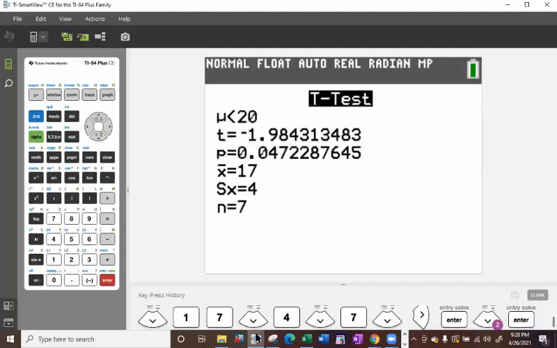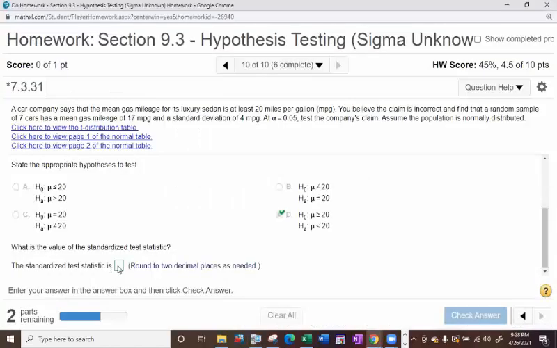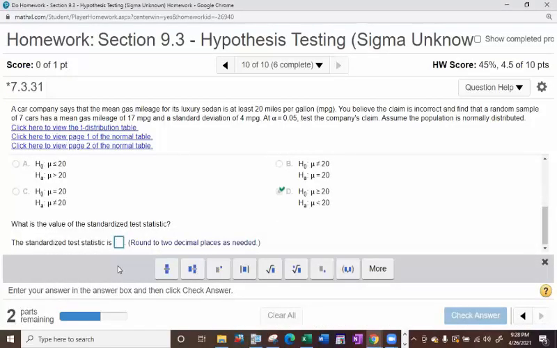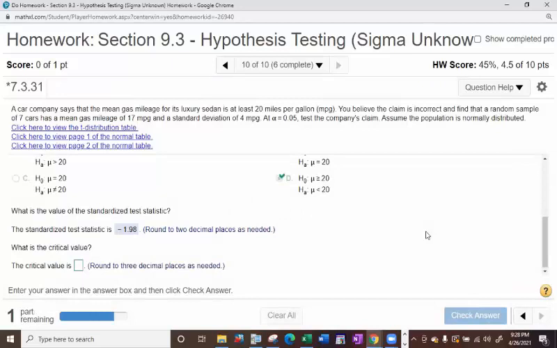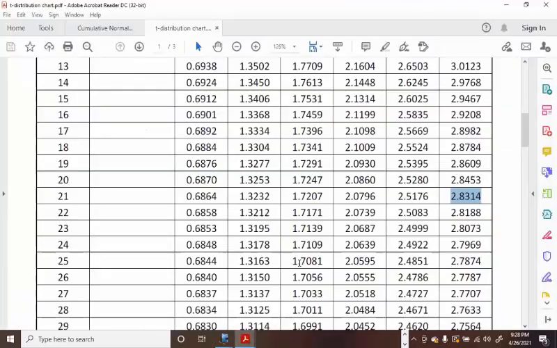Let's see if negative 1.98 is what we're looking for. Critical value will be one value because this is not a two-tail test, and it'll be negative. Left-tailed, so n is 7, so it'll be 6 degrees of freedom. Alpha is 0.05. So I need one tail, 0.05, 6 degrees of freedom, but that'll be negative.